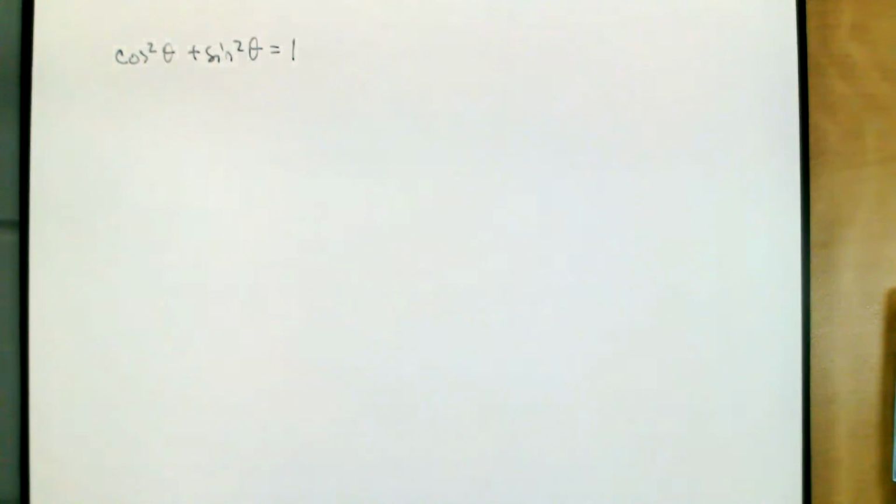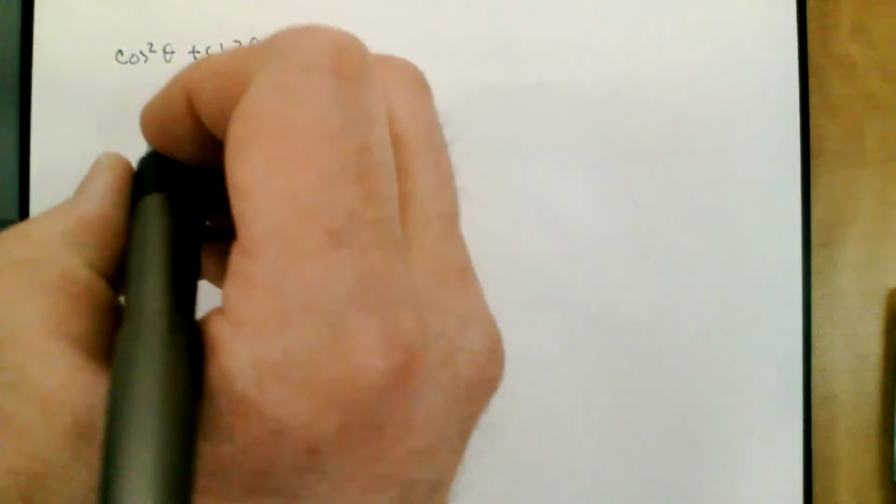The next category is Pythagorean identities. And it all comes from this one: cosine squared theta plus sine squared theta equals 1. Each of these Pythagorean identities is going to have two variants.